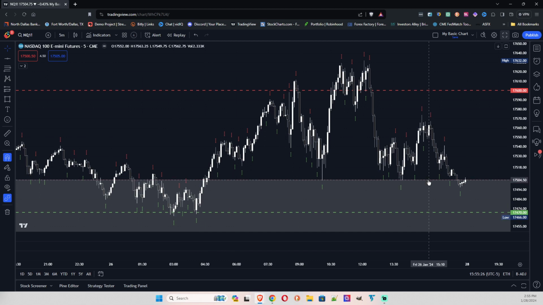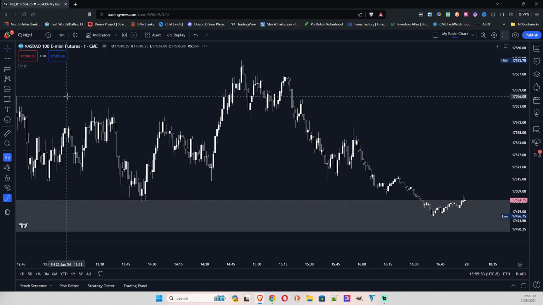You could almost put a 17,500 level, but since my gray box measured move is kind of sitting there, I'm just going to leave that. I'll just have to keep an eye on the top of this gray box area for my 17,500 level. Now on to the goodies. 1-minute chart.